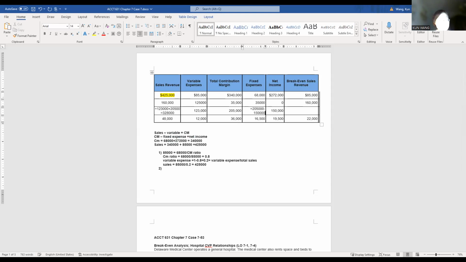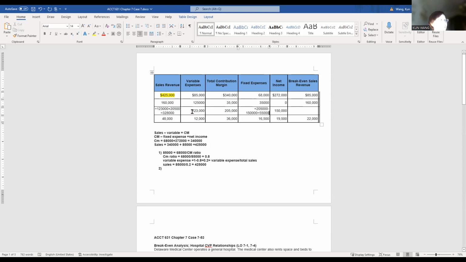So that will give me how much? 55, right? So fixed expense is 55,000. Normally we do contribution margin minus fixed expense to get net income. Now we work backwards. And after this, I can work on my break even.